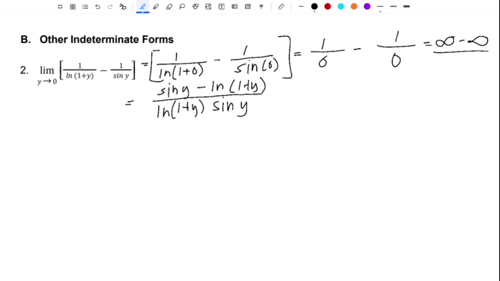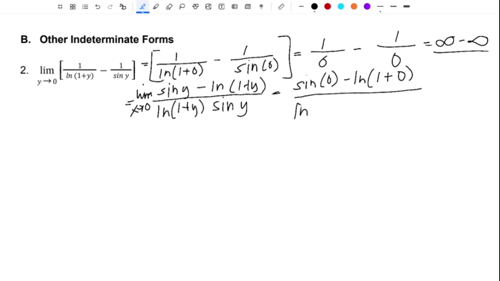This is the new version after we rewrite our original one. And here, we can now apply our limit again for a different approach. From here we will have sine 0 minus ln 1 plus 0 over ln 1 plus 0 times sine 0.